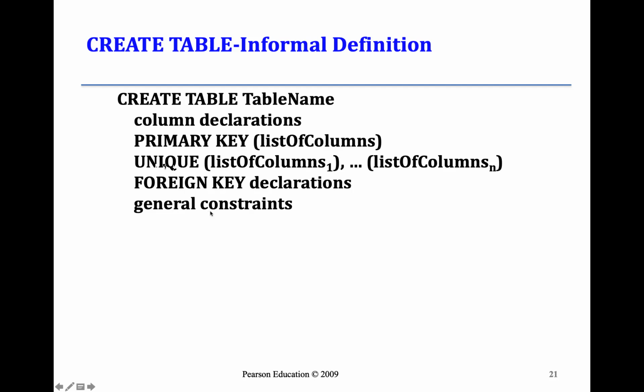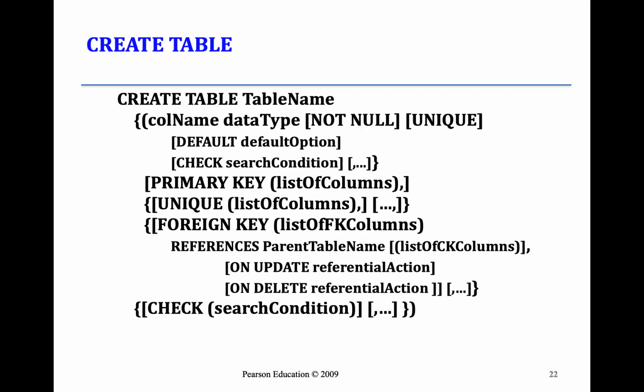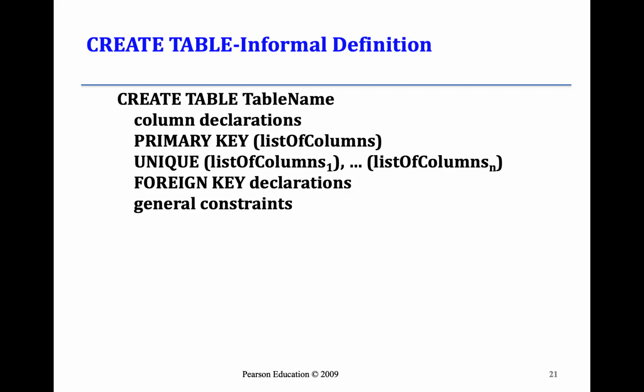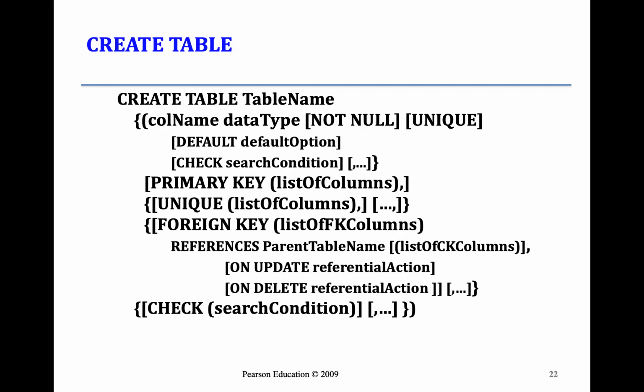And these are all comma separated. The next slide has a much more formal definition of it that I'm not going to go over. I'd much prefer my informal definition.